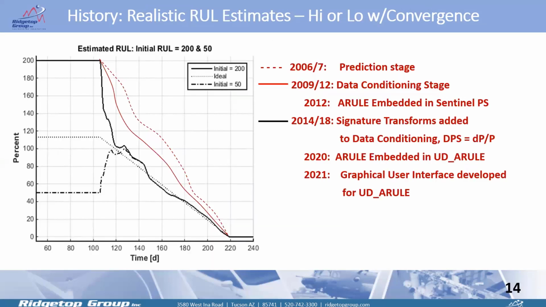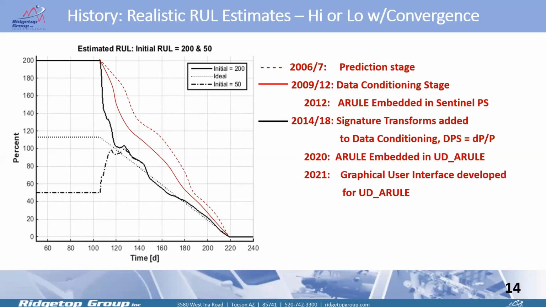Next. Okay, over the years, this is the actual. In this particular example, the estimate is that it's going to take 200 what? 200 days, 200 years, 200 months, whatever. But in this particular case, for this particular experiment, the actual failure time was almost 120.